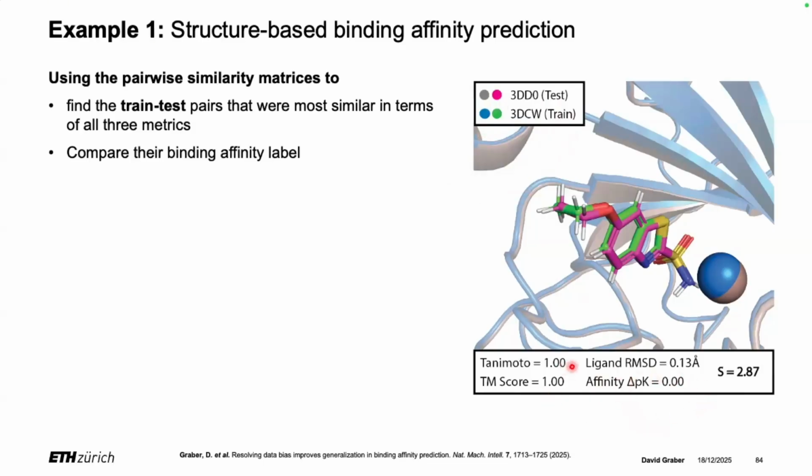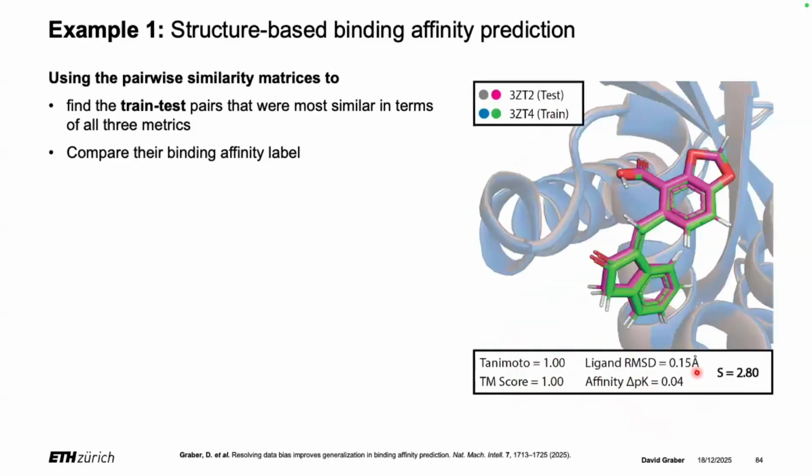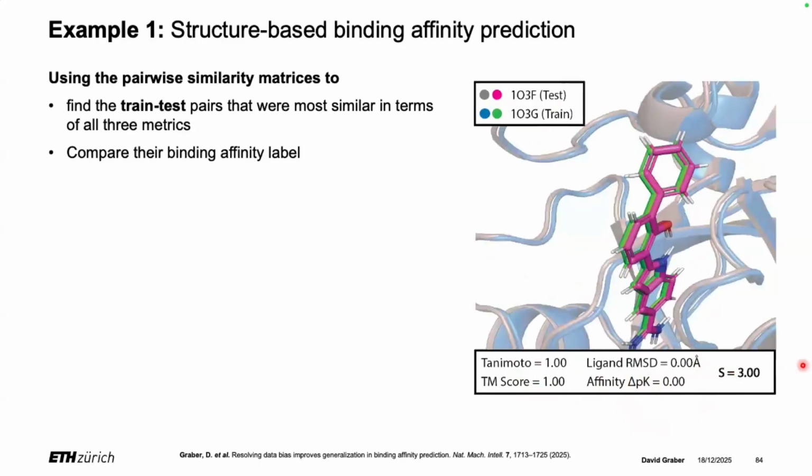So you have identical ligands, identical proteins, same affinity, and just a tiny deviation in the ligand positioning. And this would be another example that is almost the same, or we even found just straight duplicates, complexes between pairs in training and testing, where I needed to shift the structure of the ligand of one so that you would even see that there are 2.